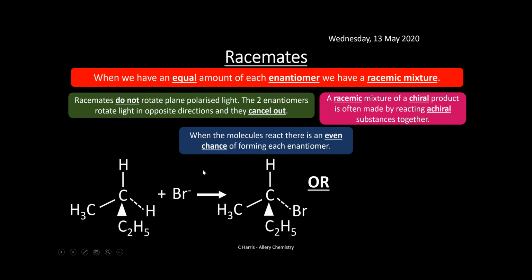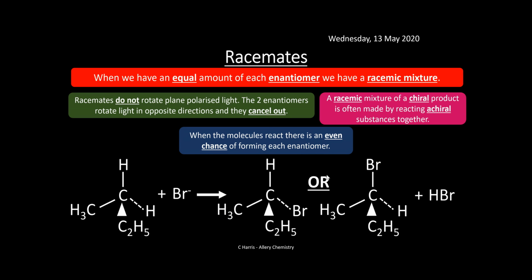So we can form either that enantiomer or that enantiomer, in different places, and obviously we produce HBr as well, because we're reacting it with Br2, let's say. You can see chiral compounds are normally formed from an achiral substance.